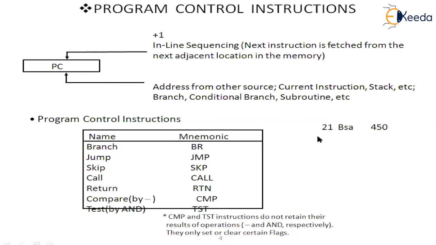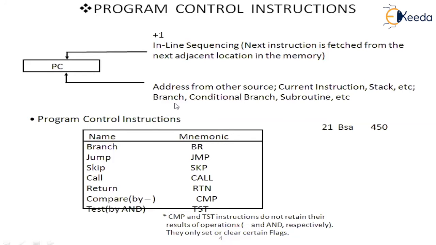So these branch instructions are going to alter the sequence of instructions in a program. Generally, the instructions of the program get executed one after another, and we take the next instruction's address from the program counter.